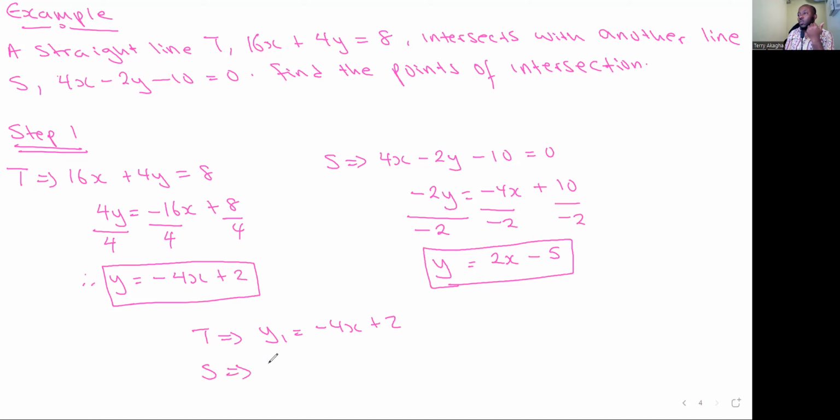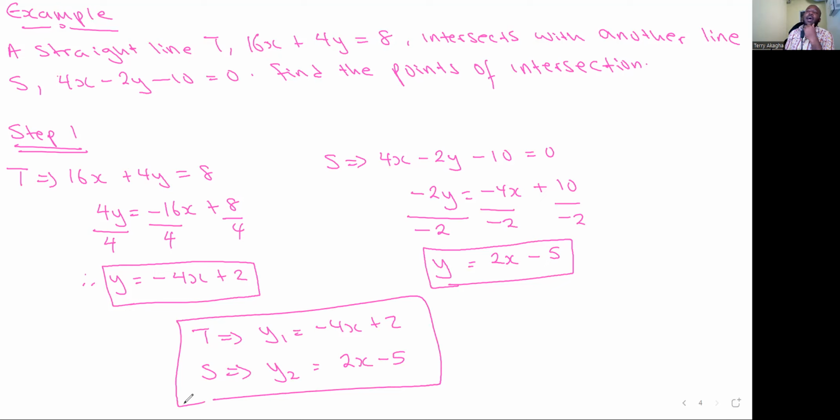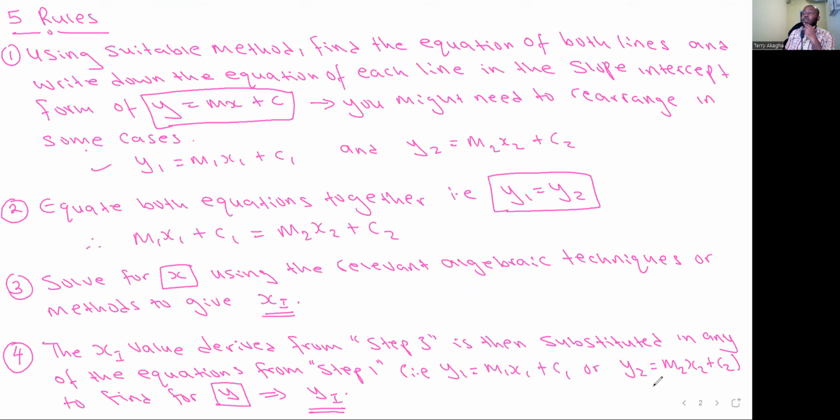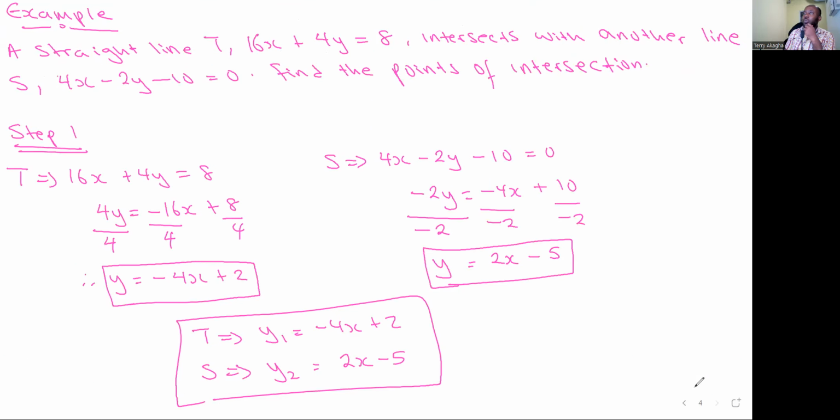S, which is the y2, the second line, is what? 2x minus 5. And that is what? The two lines we are having here. Now, what does step 2 say? Step 2 now says, equate both equations, that is y1 is equal to y2. So we're going to do that now. So step 2, we know at the point of intersection.